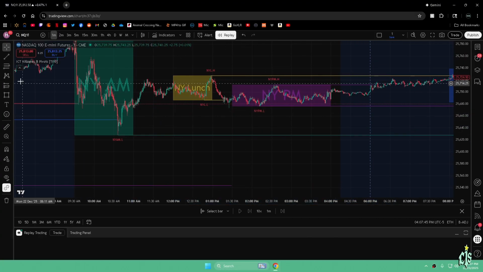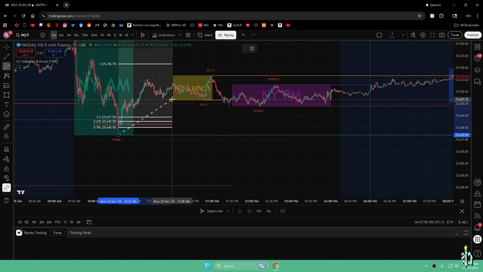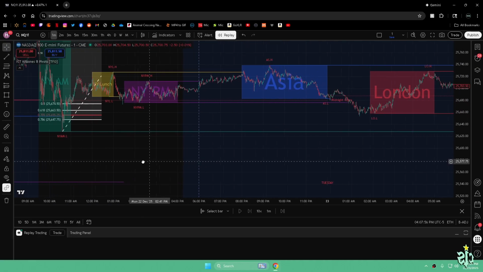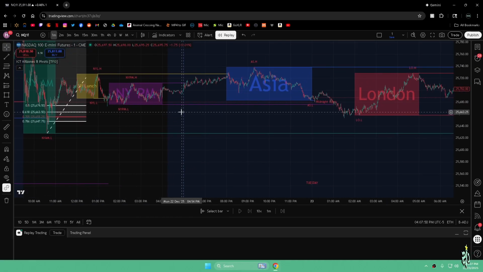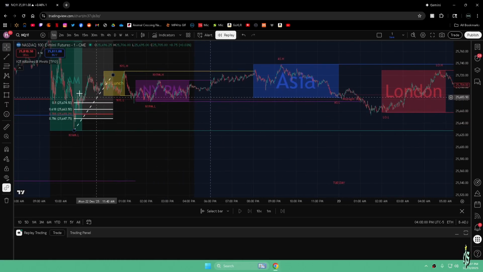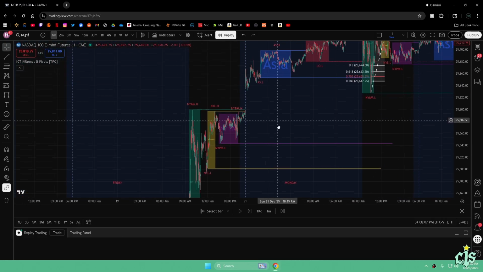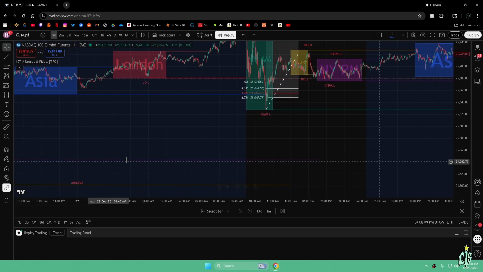But to narrow it down, you get our range imbalance, right? Our range imbalance. Boom. Taps it here. Range of imbalance.